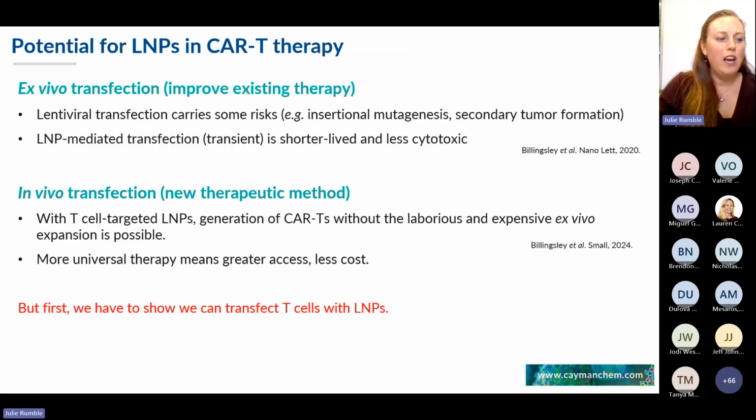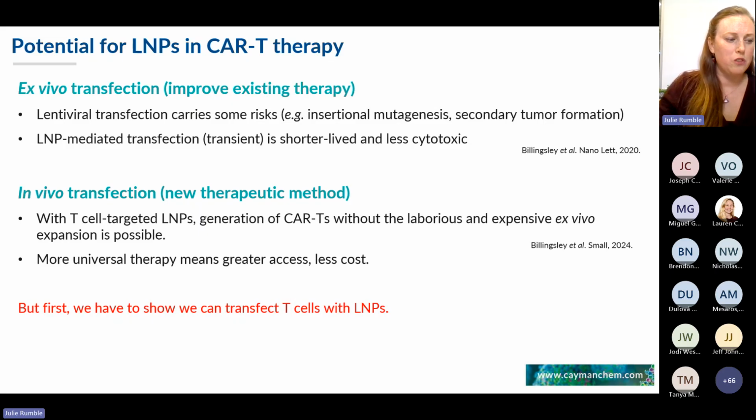In the hopes of improving outcomes for more patients with this revolutionary treatment, there are some potential alternatives. First, there are some potential improvements to the existing therapy, primarily with regards to the lentiviral transfection. Risks of lentiviral transfection include insertional mutagenesis and secondary tumor formation.